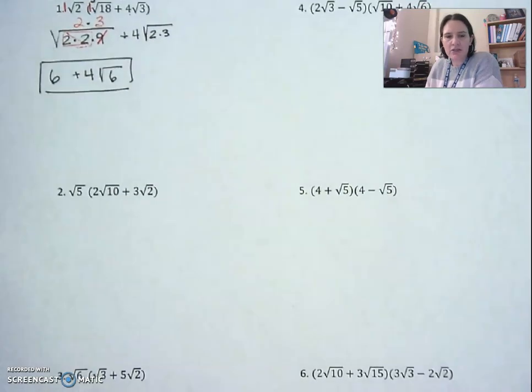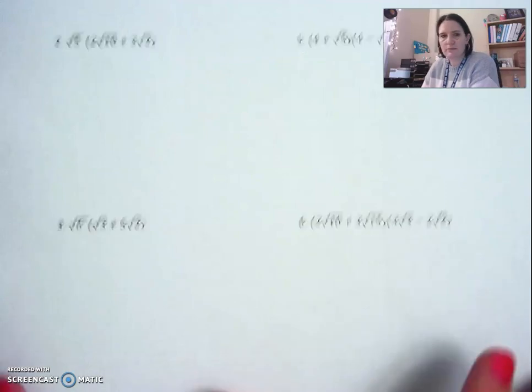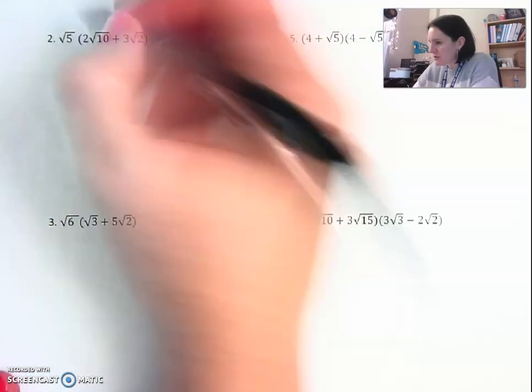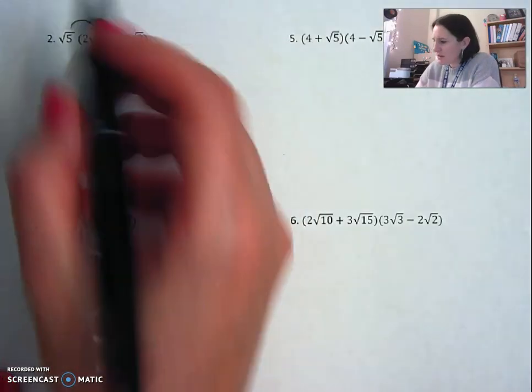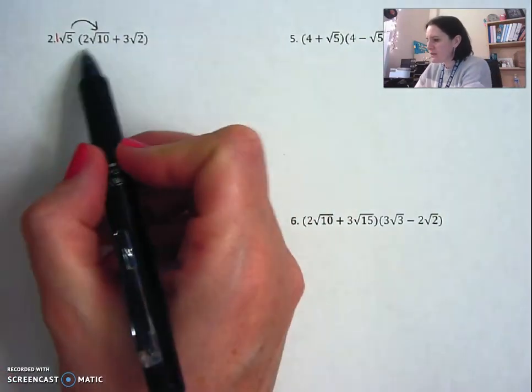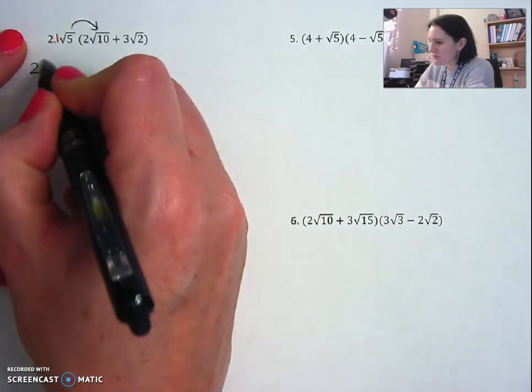So take a minute and pause the video and try 2 and 3 on your own. All right, so in number 2, I'm distributing the square root of 5 to the 2 square roots of 10. Remember, there's an implied 1 outside here. So multiplying my outsides gives me 1 times 2, which is 2.